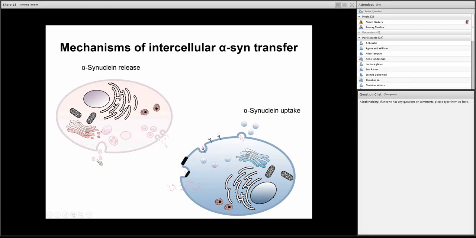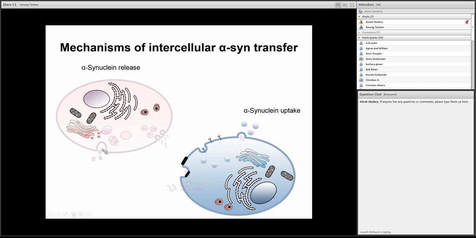Now, it's not actually quite as noble as that. It actually just sends them out, and if there was a garbage truck, it would be really great. But what happens is these encapsulated structures now travel to another neuron, and they can actually bind and then be taken up by those neurons. And this internalized synuclein can now be involved in aggregating or propagating its misfolded structure.